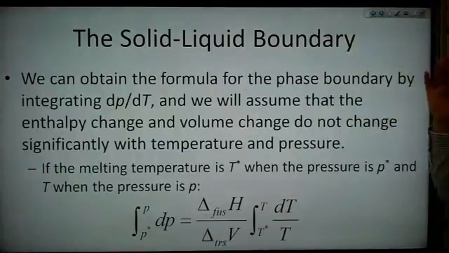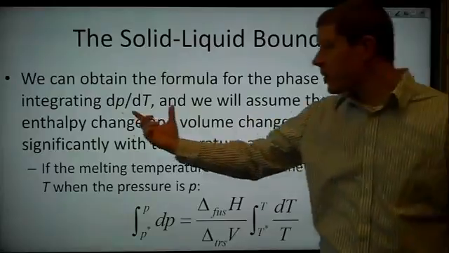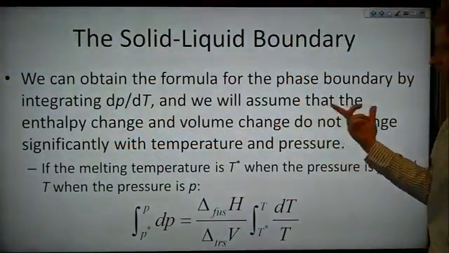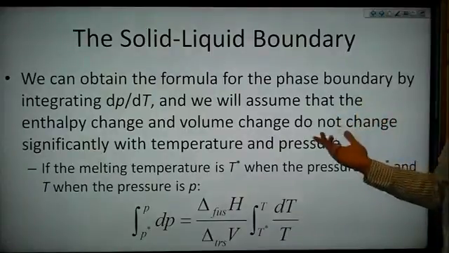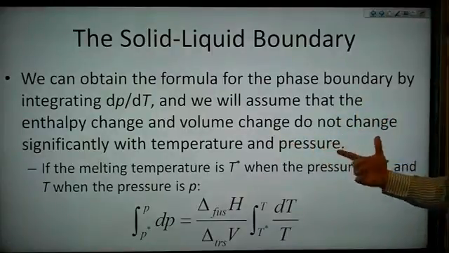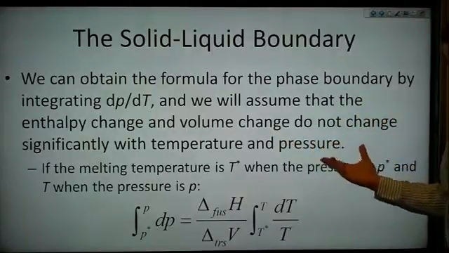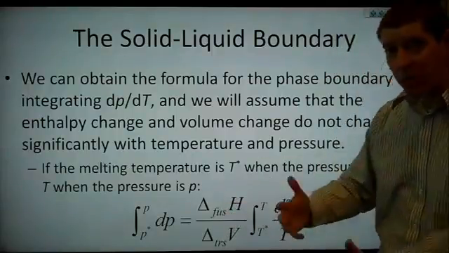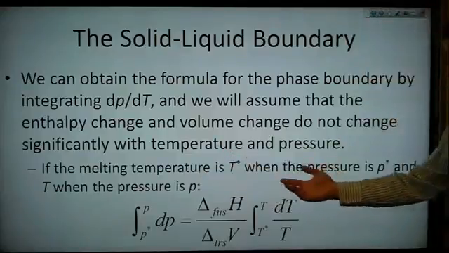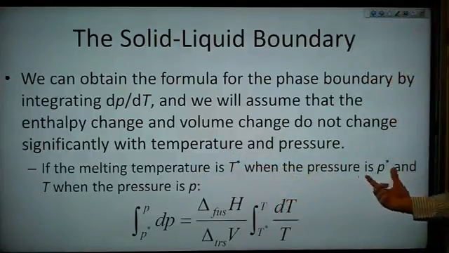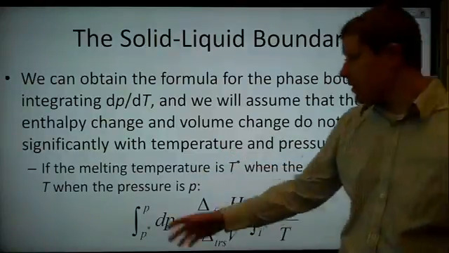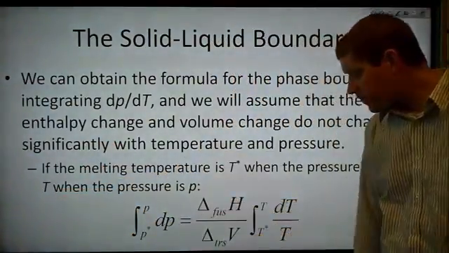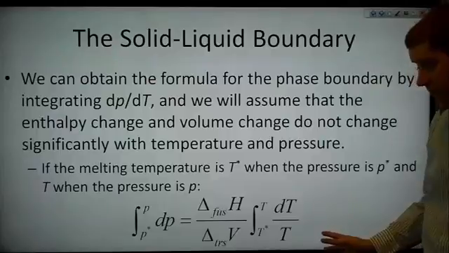So now we can obtain the formula for the phase boundary by integrating dp/dt, and we will assume that the enthalpy change and volume change don't change significantly with temperature and pressure. So we're assuming that they're constant, which means we can pull them out of the integral. If the melting temperature is T star when the pressure is P star, and if the melting temperature is T when the pressure is P, then we get this integral.